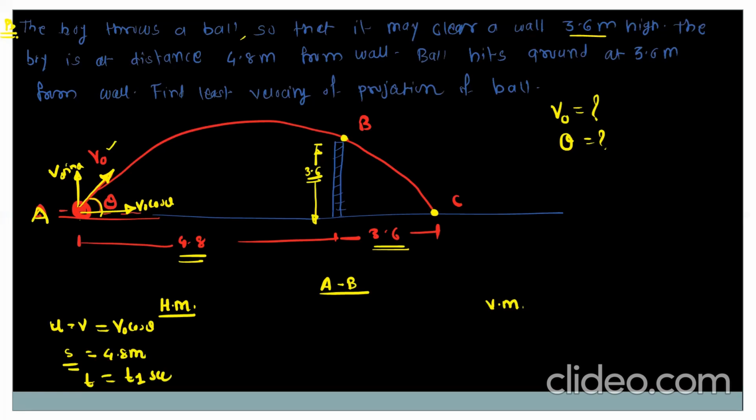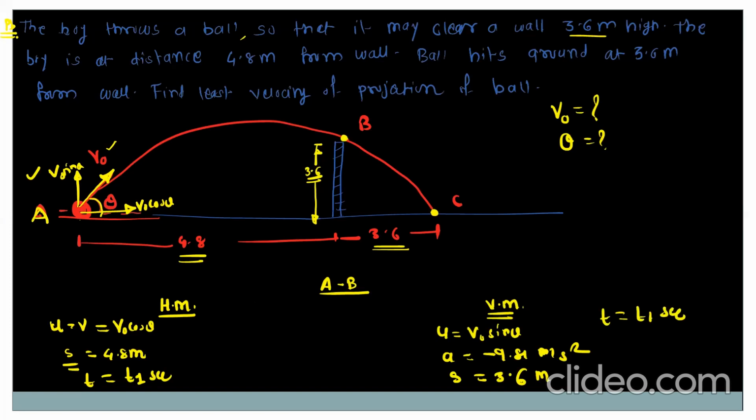Now consider the vertical motion for A to B. So for vertical motion, initial velocity is equal to V0 sin theta. So consider the y component. Then acceleration is equal to minus 9.81 meter per second square. Then displacement, so point B is just above this wall. Okay. So it is equal to 3.6 meter. That is the displacement in the vertical direction. And time t is the same as for the horizontal motion. So t is equal to t1 second.